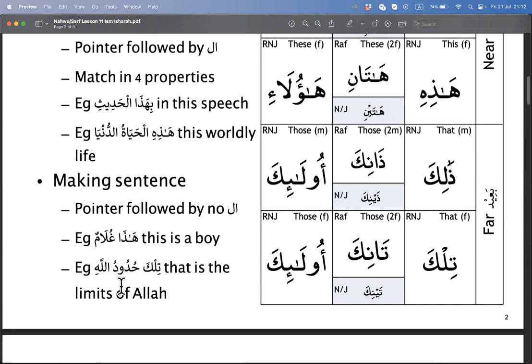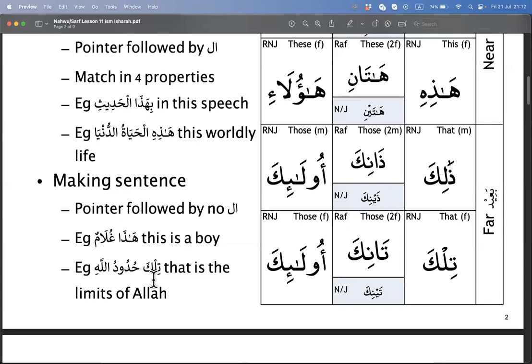No. Hudu means limits. It's plural by meaning. Plural by meaning. So yes, it's a non-human plural. We treat it grammatically as singular feminine. Yes, exactly. So that's why here singular feminine is used.